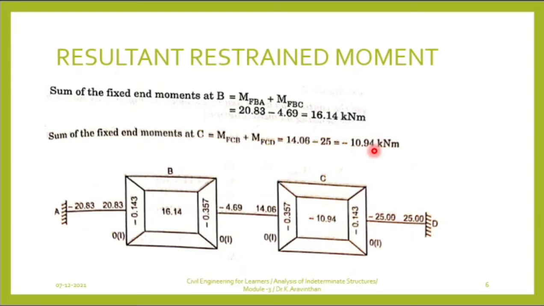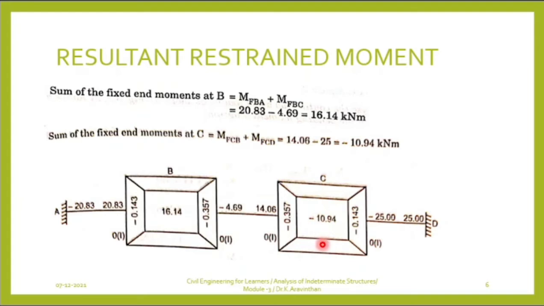Next step is resultant restraint moment. This is step 3. This is the Kani's method diagram. You can observe here a picture. So this picture is used to calculate the iterations.